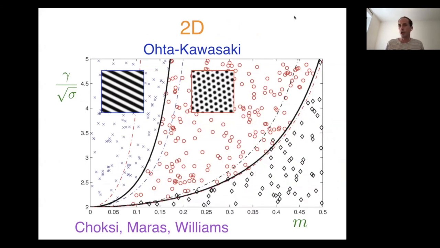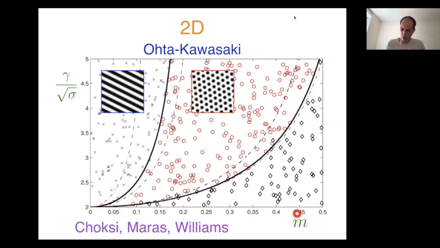But after doing some analysis, you quickly realize that there is actually a combination of parameters, gamma over root sigma, or some power of that. That is a reduced parameter. There's only really 2 parameters, and one you can scale out. So this is why there's a 2-dimensional parameter space.